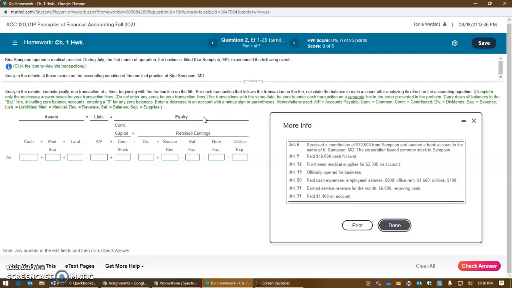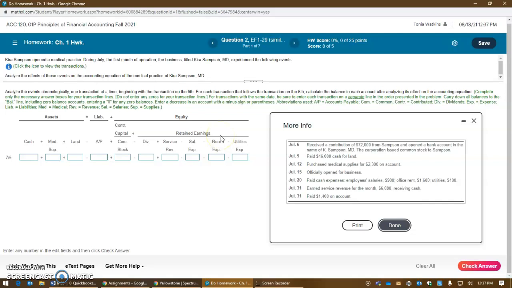And then equity. The two components of equity are contributed capital and retained earnings. I'm going over the accounting equation before we even get started, and then we'll go to the problem. Contributed capital: if an investor gives cash to the company, in exchange they get common stock. That's the best example of contributed capital, common stock or shares of stock.